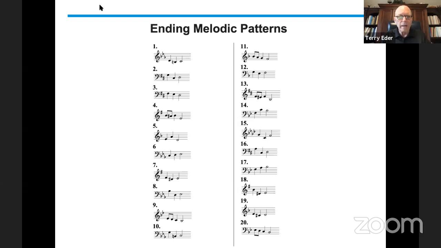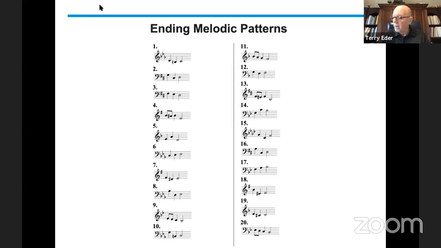So number 1, 3 flats in the key signature. This is minor. This is C minor. So I'm going to play the tonic. There's C. And now I'm going to relate the other notes to tonic. So re, ti, do. Number 2, that's in D major. Fa, ti, do. Number 3, D major still. Mi, re, do.